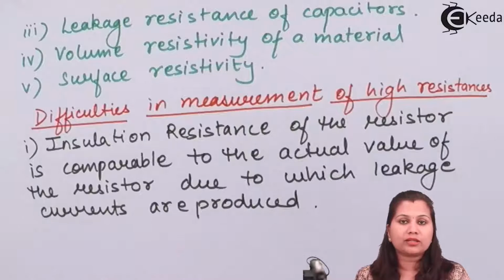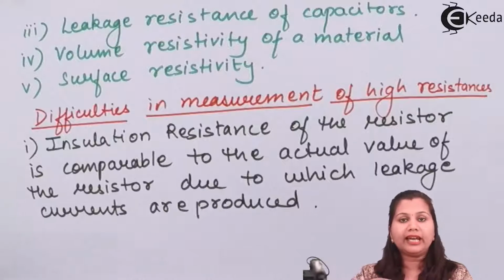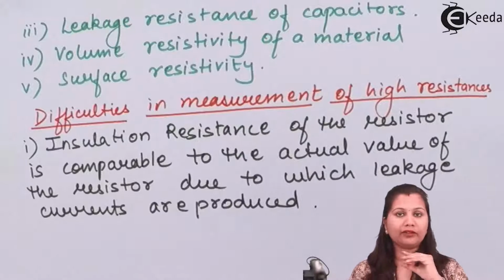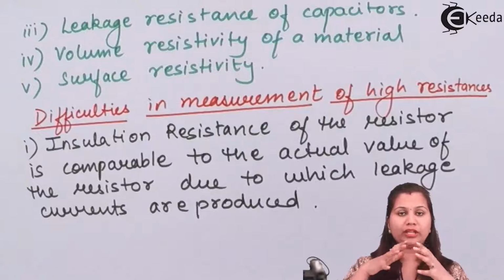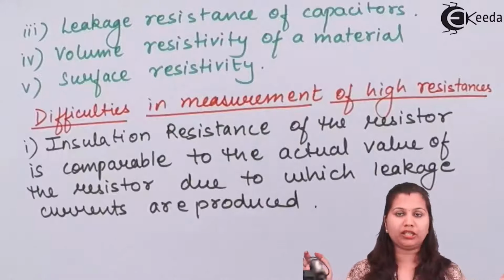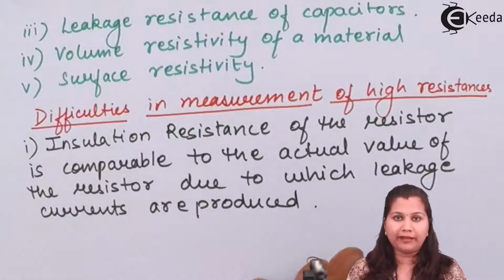Leakage currents are those currents which flow in any other part of the machine. Suppose for the current we have a particular path, and instead of that path the current flows through some other parts of the machine, then that is called the leakage current, meaning the current which has leaked through the wire.